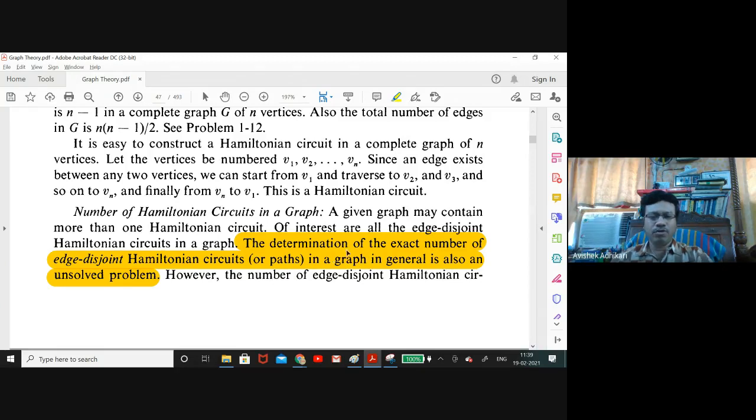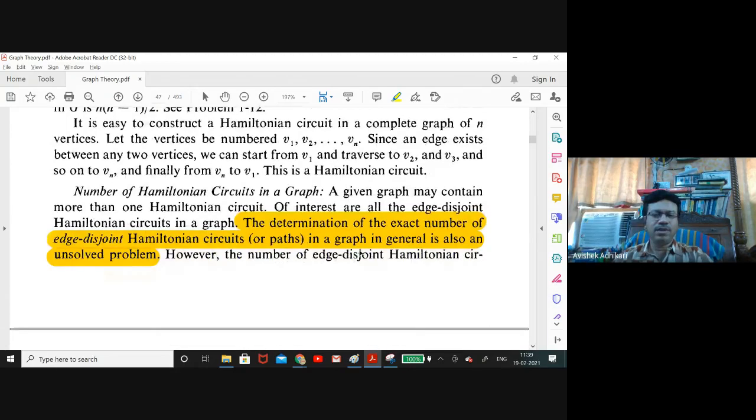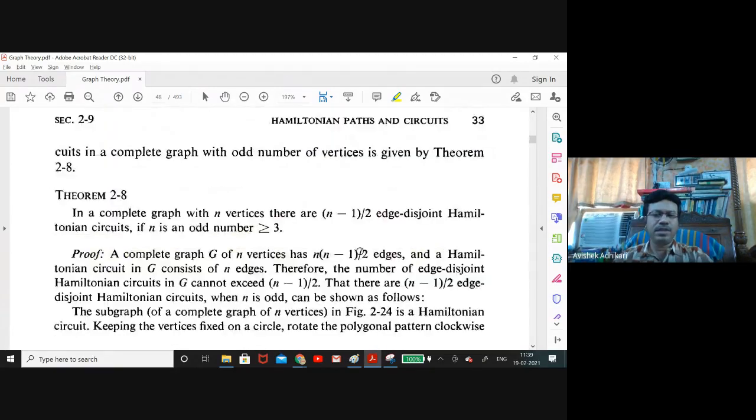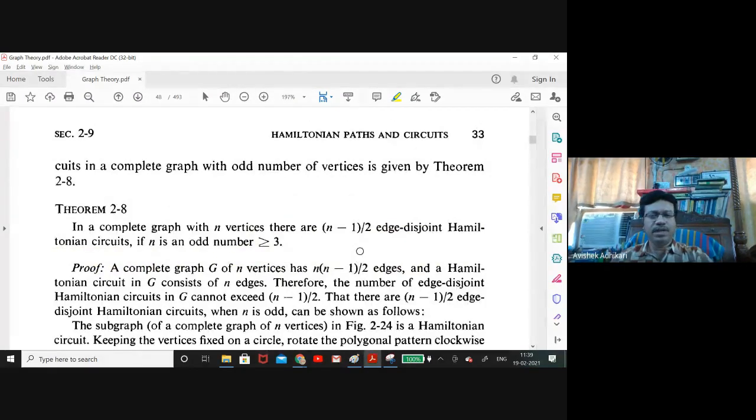Okay, but fortunately here we are trying to solve it for a particular kind of graph that is known as a complete graph. And fortunately for this complete graph, the result is there. So in a complete graph with n vertices, there are (n minus 1)/2 edge disjoint Hamiltonian circuits, if n is odd. That is also important. If n is odd, then we can find it easily. So please try when n is even.